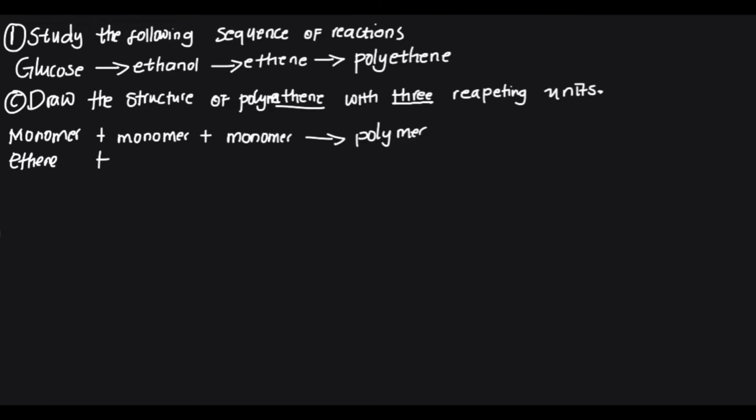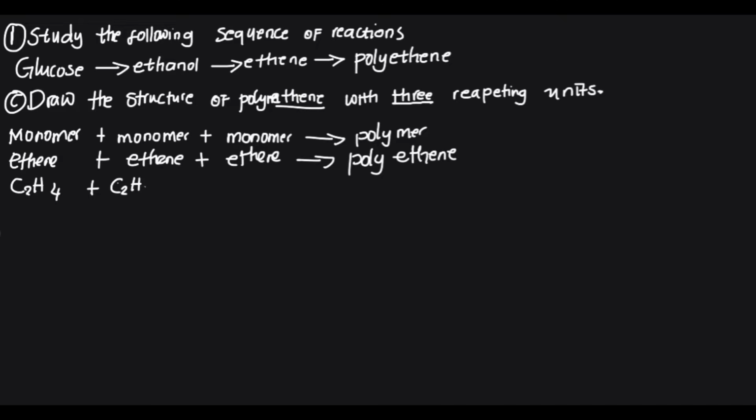We are going to write these molecules, since we are told 3 repeating units. If we add these 3, we are going to form poly plus the monomer, which is polyethylene. In terms of the chemical formula, the formula for ethene is C2H4 plus another C2H4 plus another C2H4.